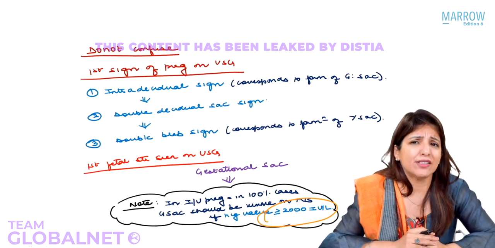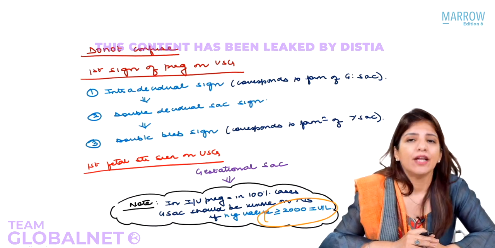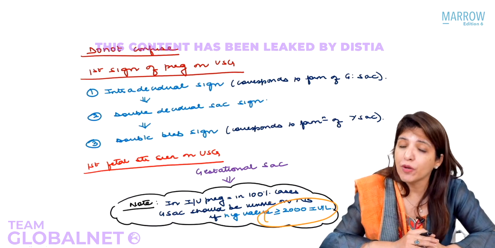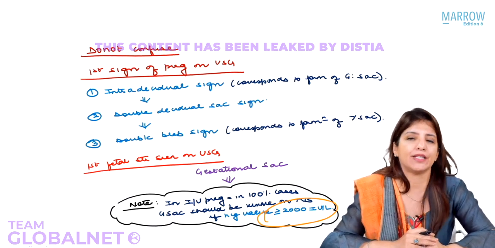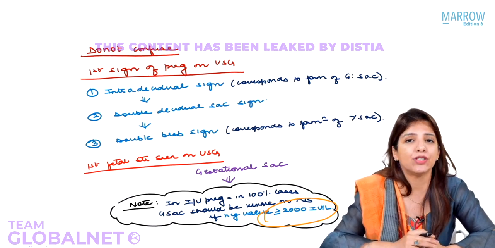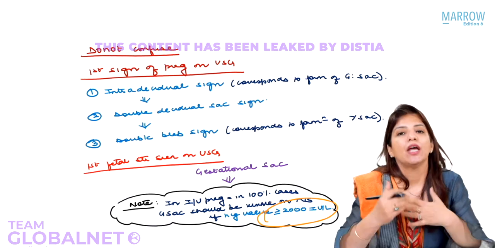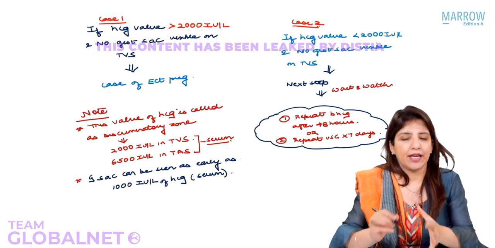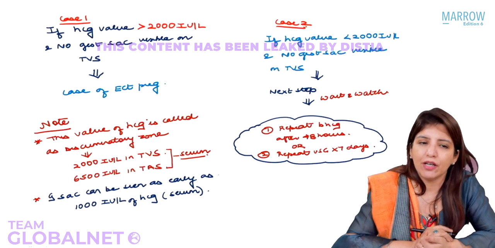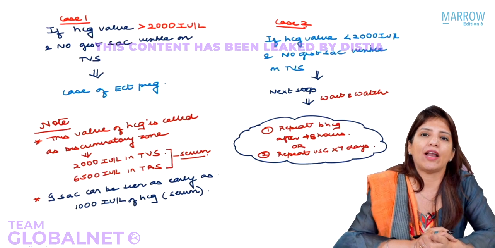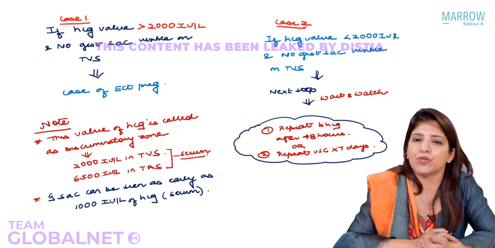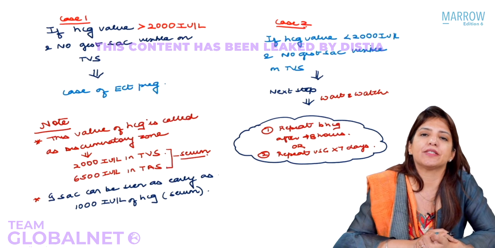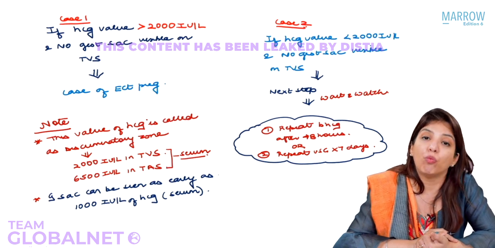Now, why is this fact so very important? This is important because it is going to help you distinguish between ectopic pregnancy and a normal intrauterine pregnancy. Suppose you get a question, Case 1, that there is a female in whom the beta HCG value is more than 2000 international units, but no gestational sac is seen on TVS. What is it?